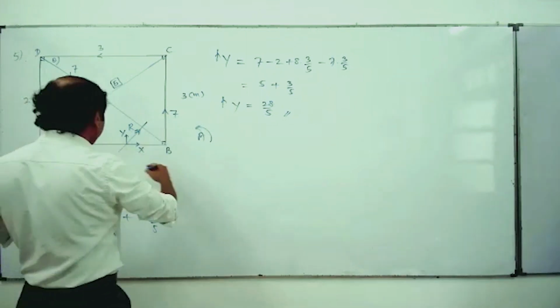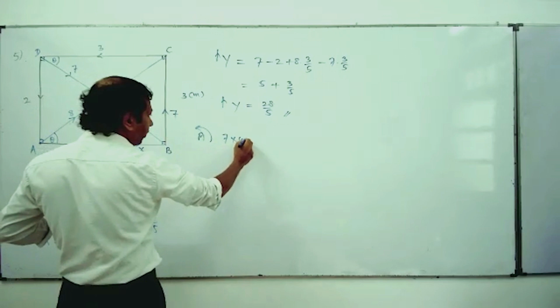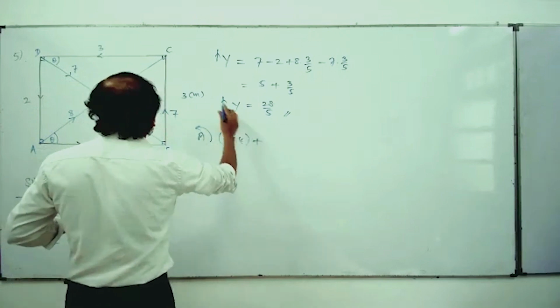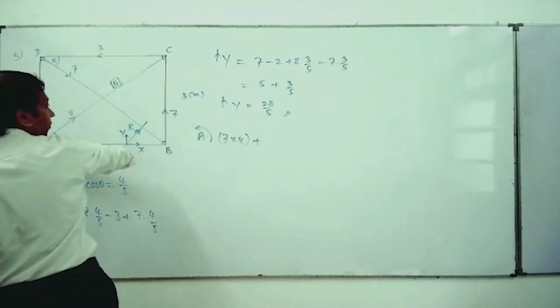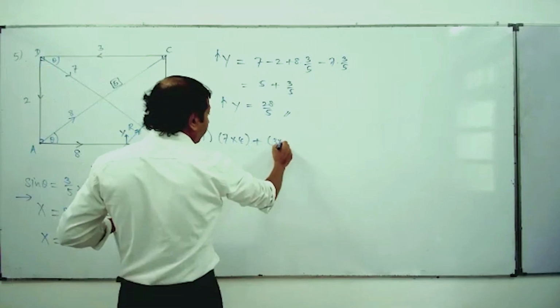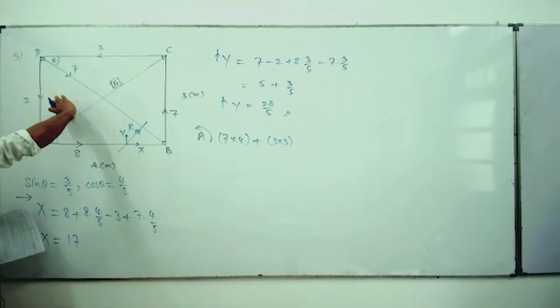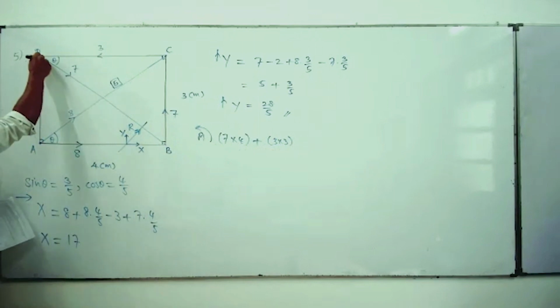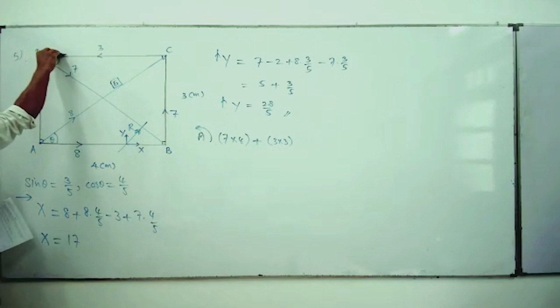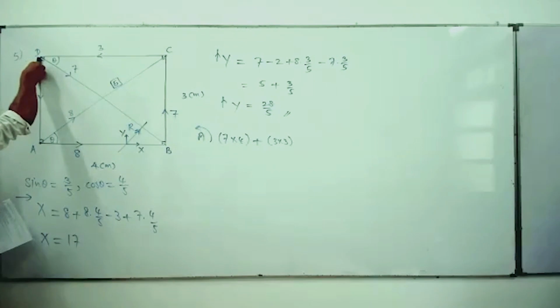7 into 4, the distance, and 3 into this distance is 3. And this 7 gives clockwise moment. This force 7 we resolve at the point D. Then 7 cos theta, 7 sin theta.